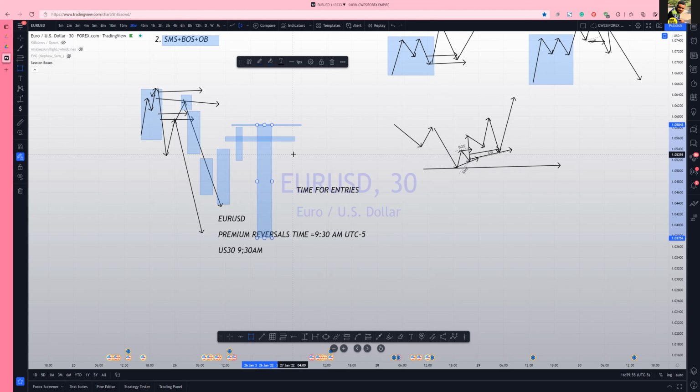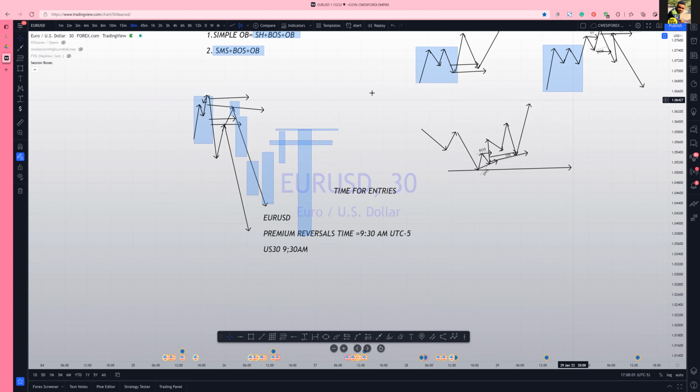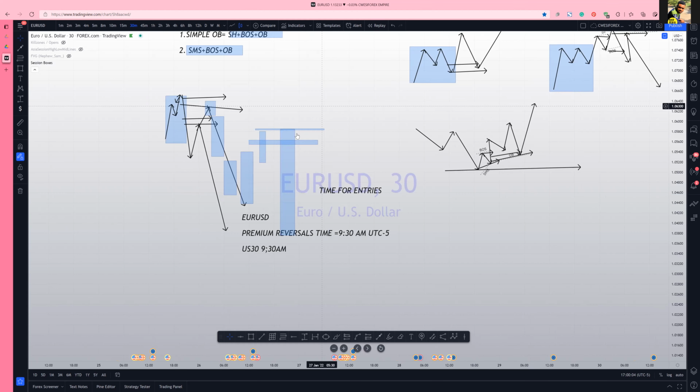So let's say if you want to take a 1 minute trade entry, you have to identify a structure on the 5 minutes first. You first wait for the 5 minute structure or candle to change to bearish. When you move to the 1 minute time frame, you should change to a bearish candle, if you're looking for a sell, before you start looking for structure on the 1 minute.